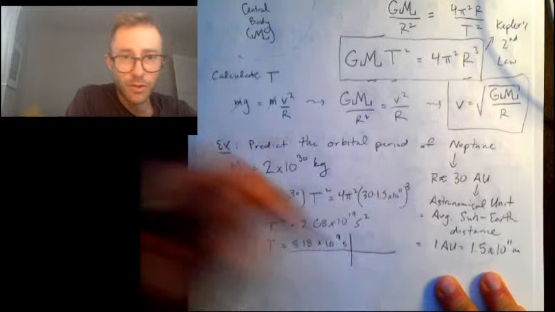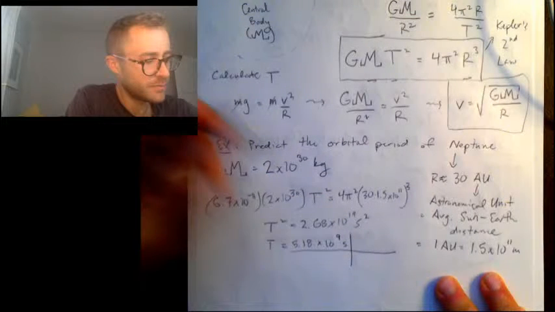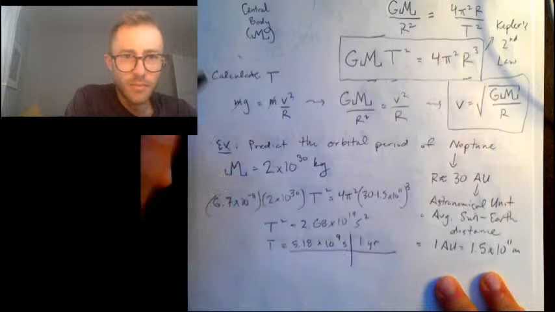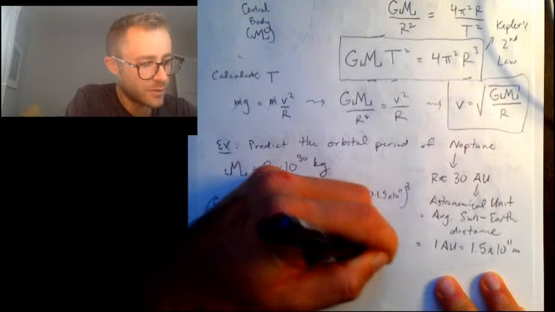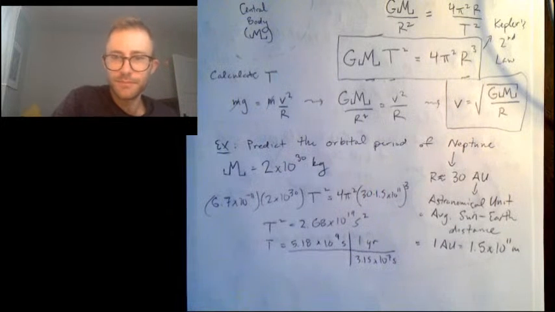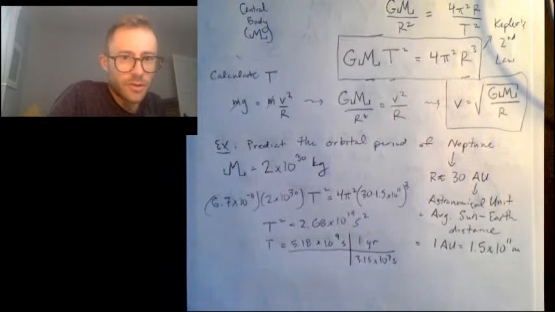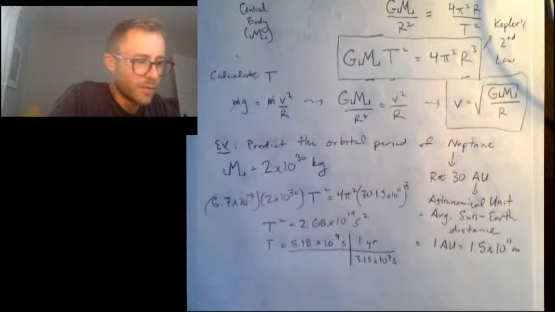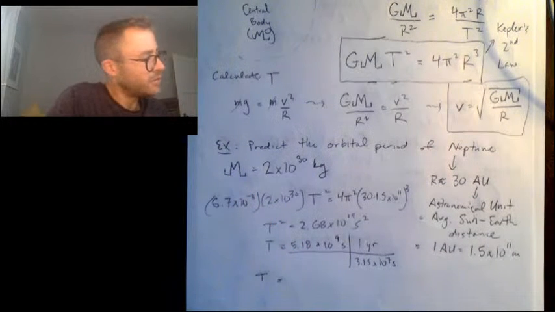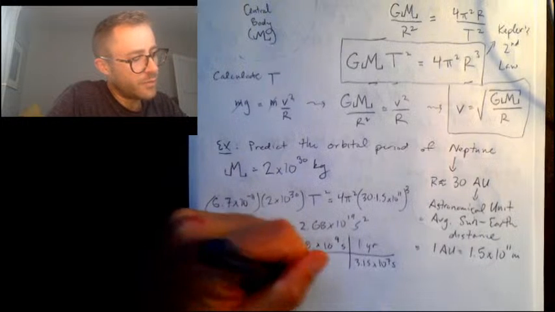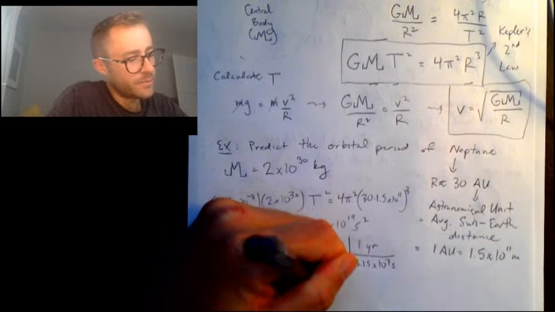So 1 Earth year is 365 days. Convert it to seconds, it's 3.15 times 10 to the 7th seconds, 31.5 million seconds. So I'm going to convert it to Earth years, and we get that the period of Neptune's orbit is right around 164 Earth years.